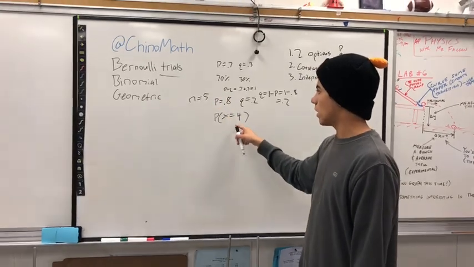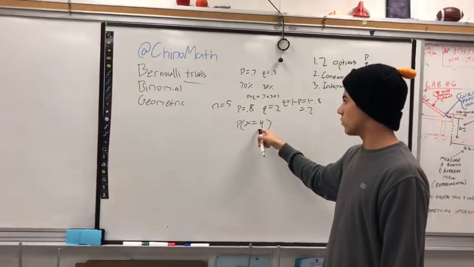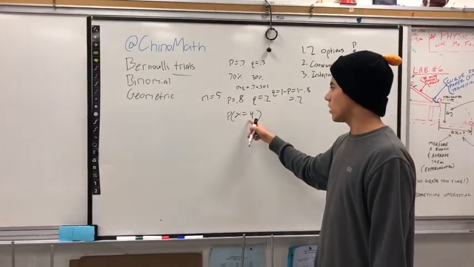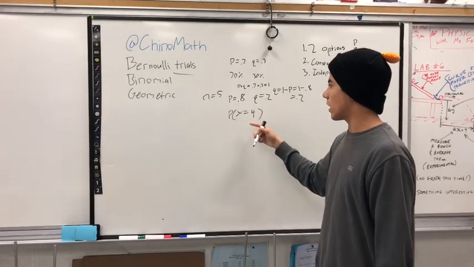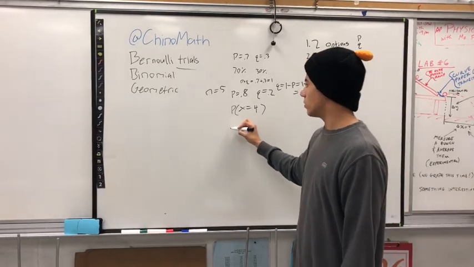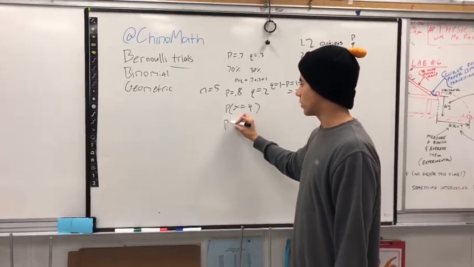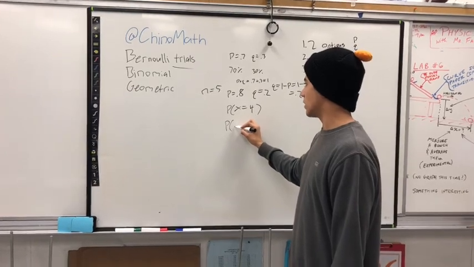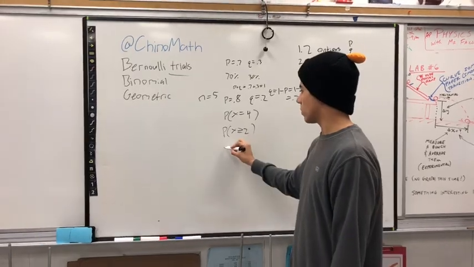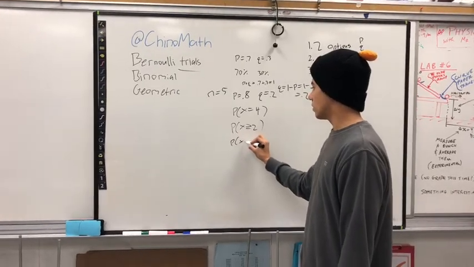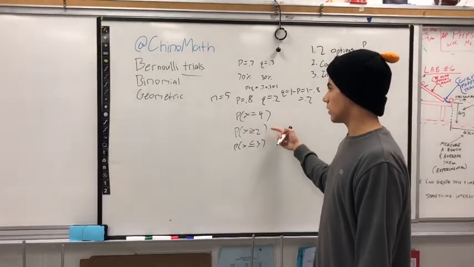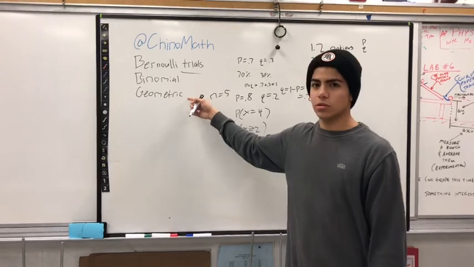So P of X equals 4, X being our number of successes, is the probability that we have 4 successes within our 5 trials. Another thing you might have to look for is the probability that you get at least 2 successes, or the probability that you get less than 3 successes. There are a lot of different situations like this, which is where we get into binomial and geometric distributions.